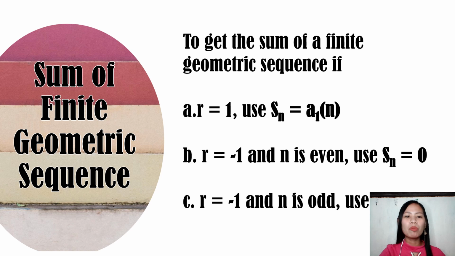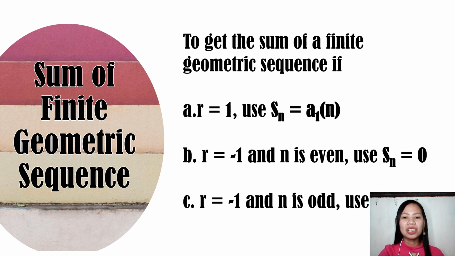Alright, so let us now move on to the sum of finite geometric sequence given the three conditions. So to get the sum of a finite geometric sequence if the common ratio is 1, we will use the formula S sub n equals a sub 1 times n.